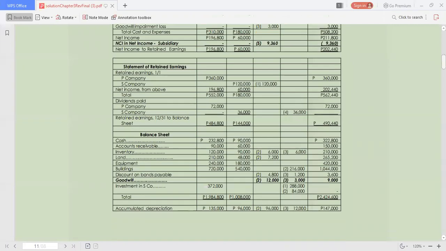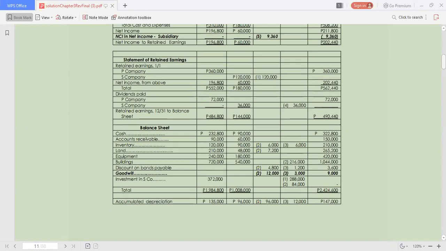retained earnings January 1 for P company and S company 120, and we have to eliminate net income from above of 196,800 and 60,000. You have now the total net income of 500 as computed downward, 562,440.